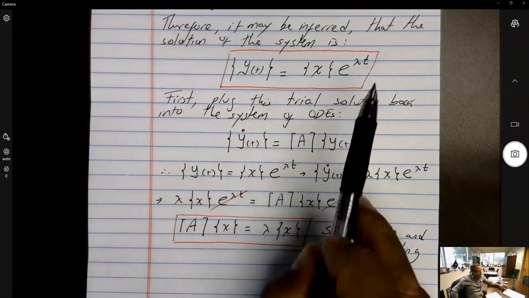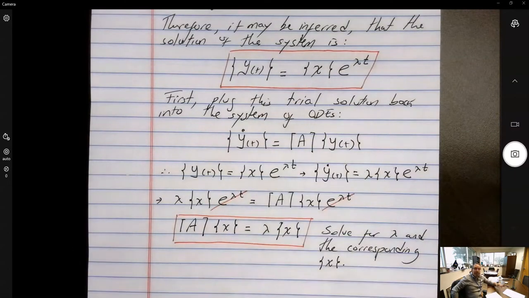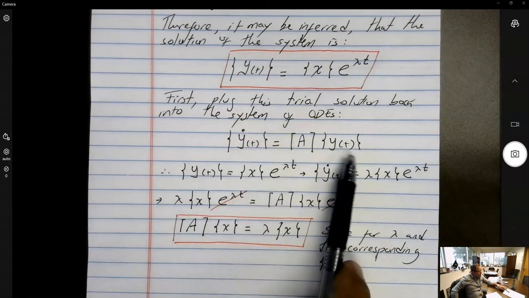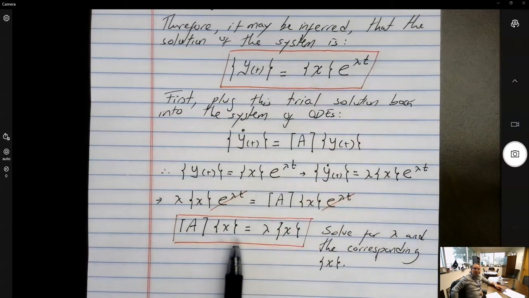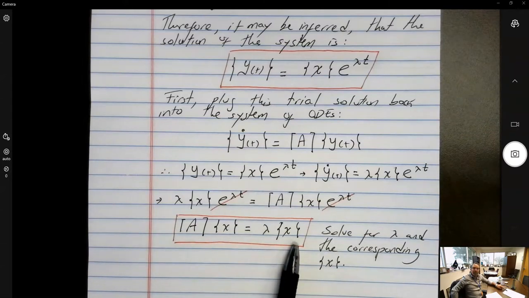We just need to find the powers of that exponential, and then the set of constants of integration or whatever it is that actually multiplies that. And in order to do so, when we plug that back into the set of equations, which we are inferring this satisfies, we end up with a system which seems to be sort of like an identity. If you look at this, we're saying A times x is equal to lambda times x.